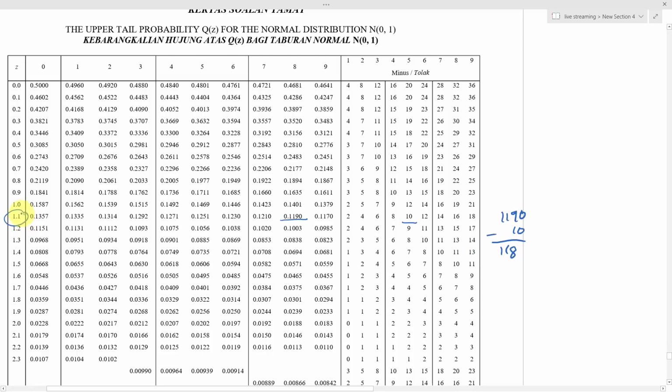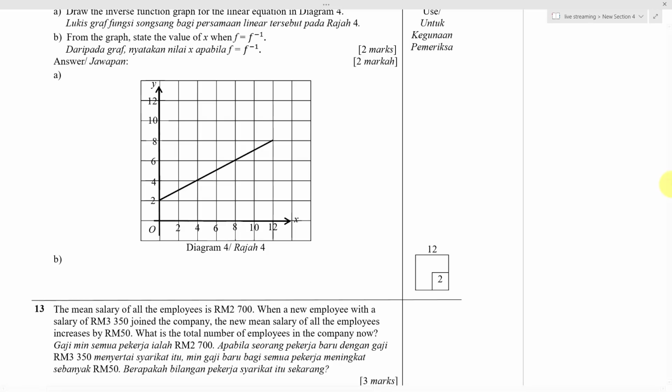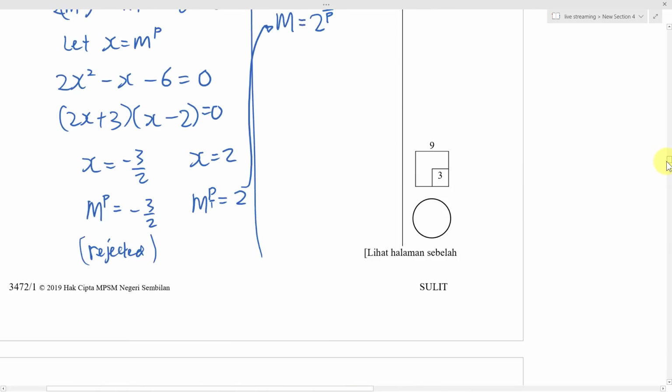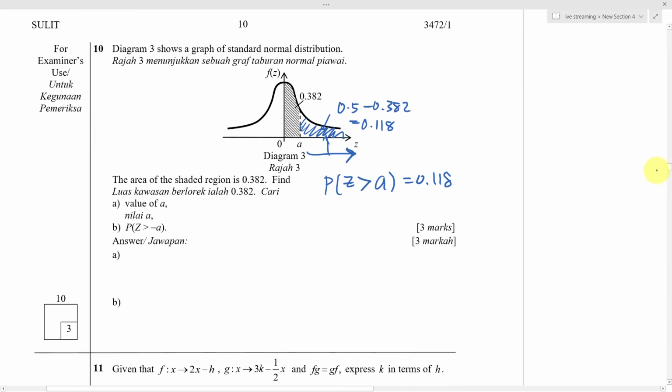So how do we label this number? 1.185. Okay. Where's my questions? Oops. Alright. Sorry. Okay, so therefore A equals to 1.185. Alright, so yeah, thanks for that.